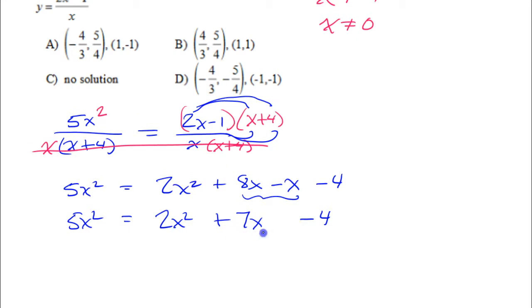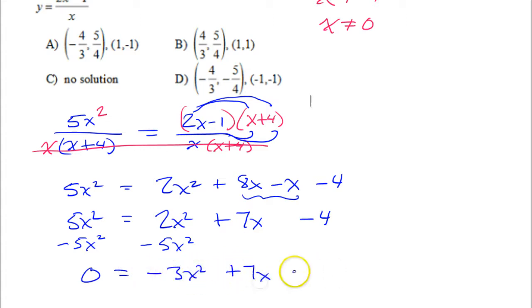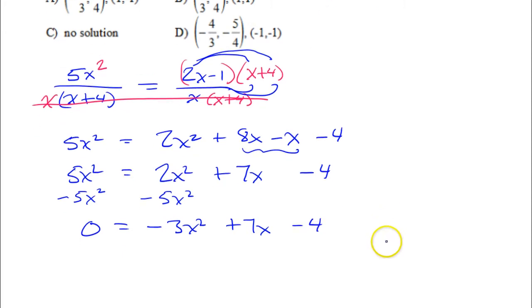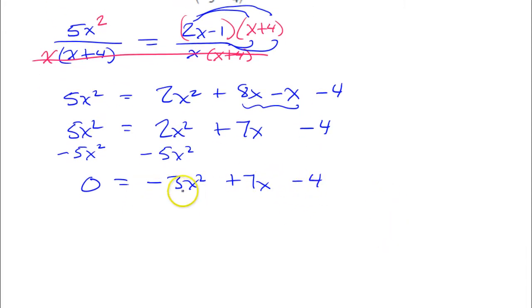Anytime I have x squared and x in the same equation, I'm going to get 0 on one side and try to factor, or use the quadratic formula. So I can get 0 on one side by subtracting 5x squared from both sides. So that's going to give me 0 is equal to negative 3x squared plus 7x minus 4. Now I'd like to factor this, but it's really inconvenient to have the leading coefficient be negative.